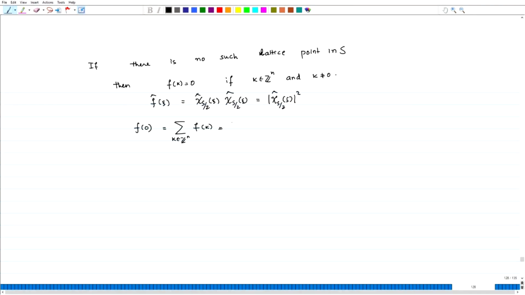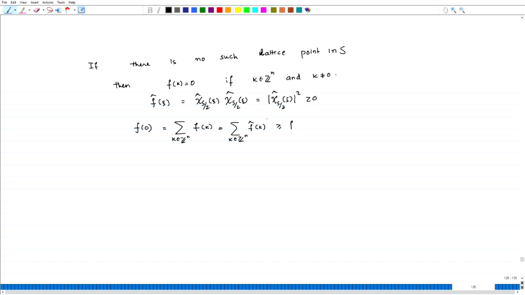So this is the summation over k in Z^n of f hat of k. Now, as you can see, f hat is always a non-negative quantity, because f is chi of S by 2 convolved with chi of S by 2 tilde, because of the symmetric property of S. Therefore, this is a non-negative quantity.